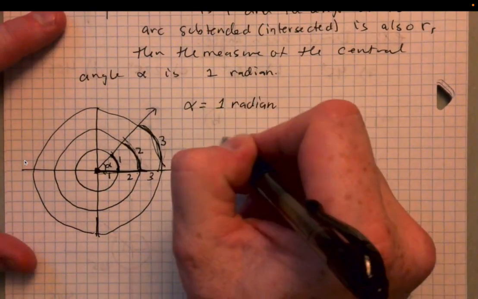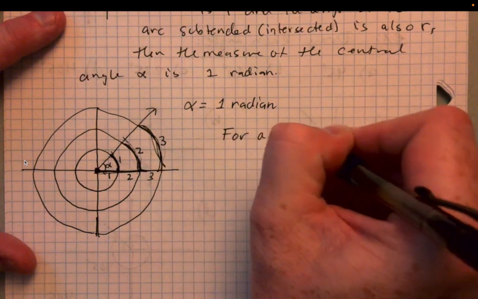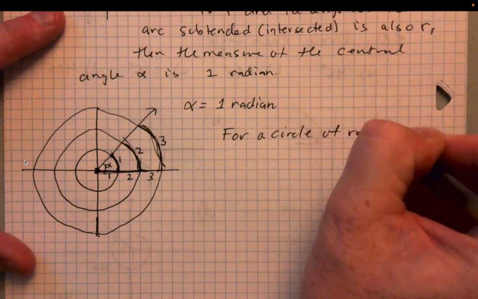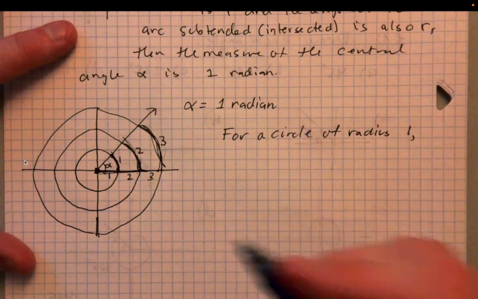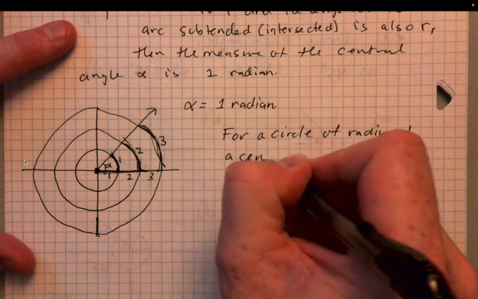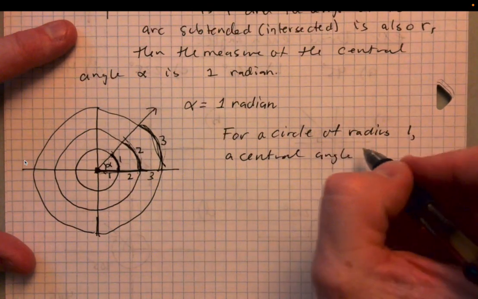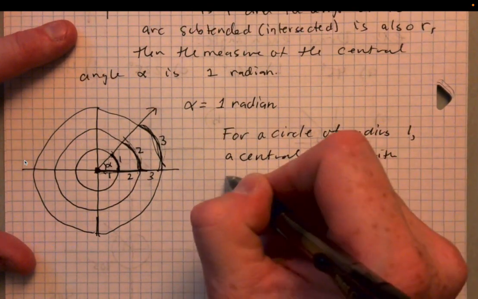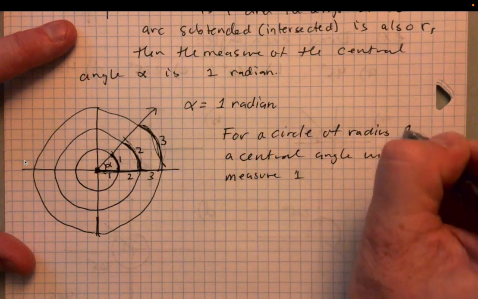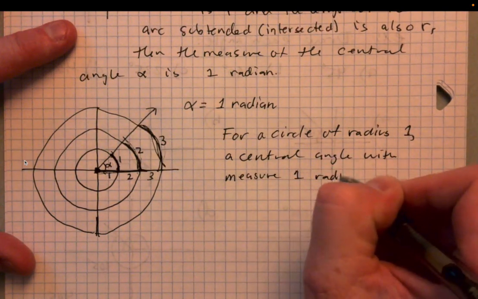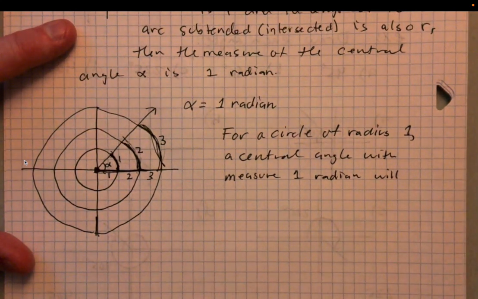Let me just write some of that down to make sure. So for a circle of radius 1, a central angle with measure 1 radian will subtend an arc of length 1.